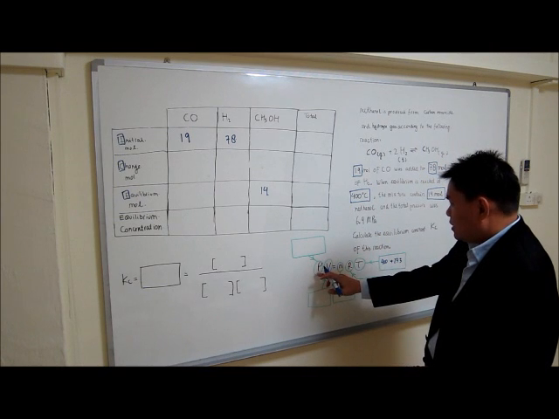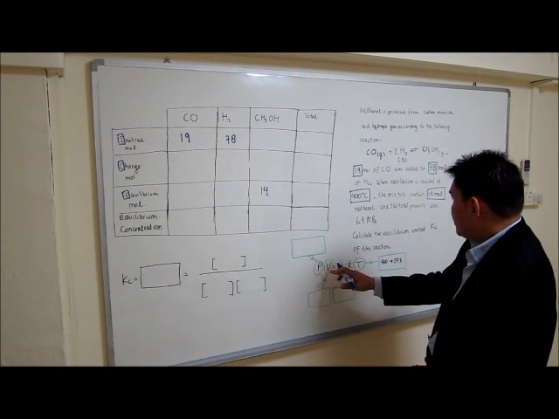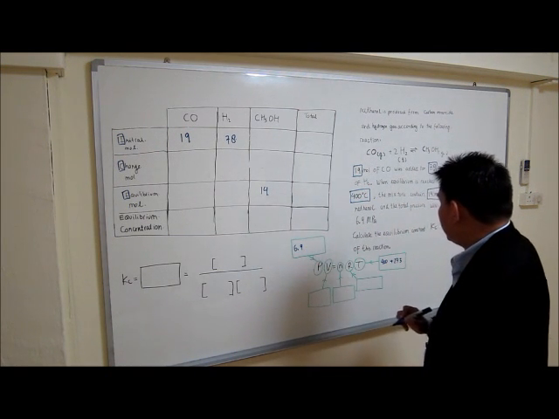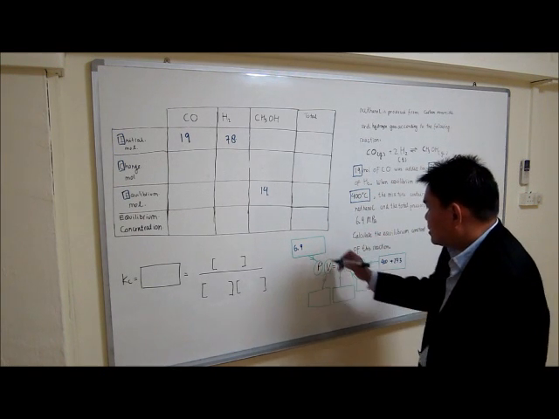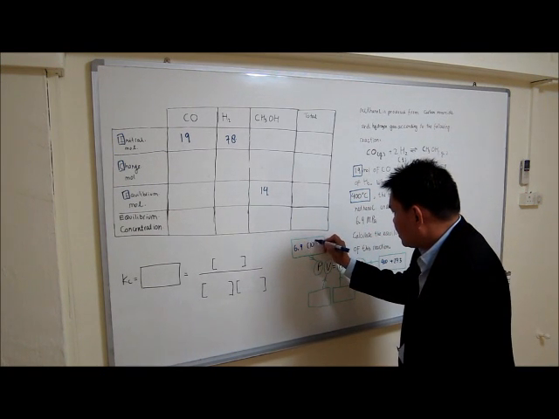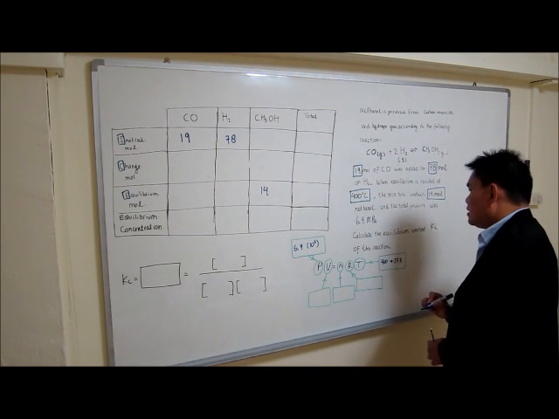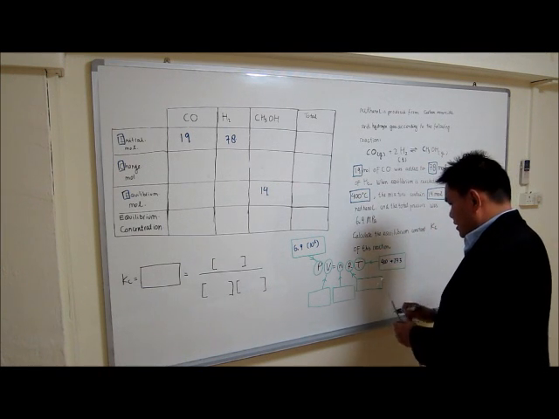We put it also in the ideal gas formula. And don't forget to convert this megapascal into Pascal, because we must use SI units, so you must multiply by 10 power 6 Pascal. Calculate the equilibrium constant Kc of this reaction.